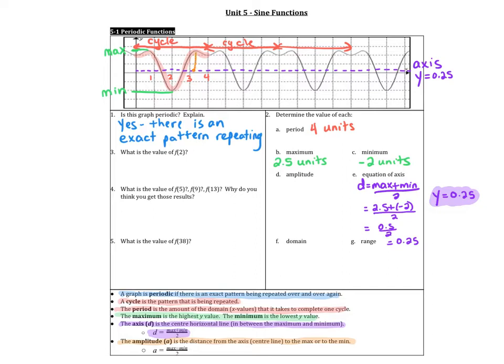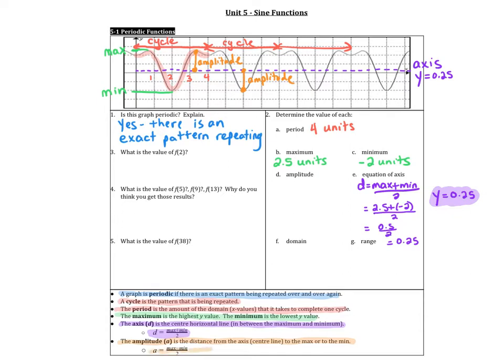If you take that up to the maximum, that is the amplitude. And that is the same as the distance from the axis down to the minimum. So that's exactly the same distance.